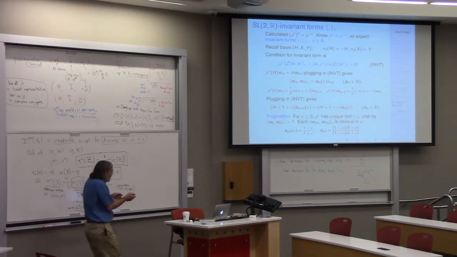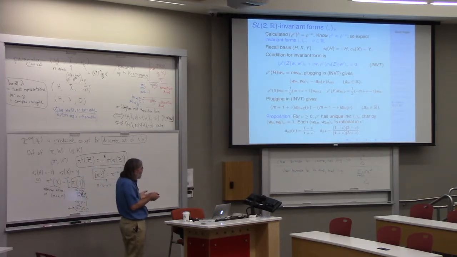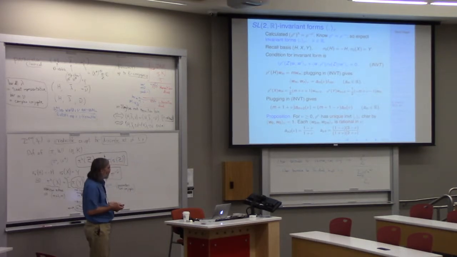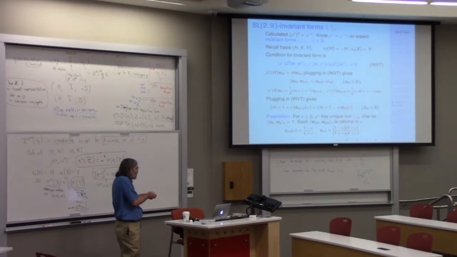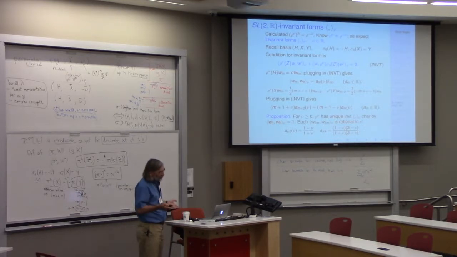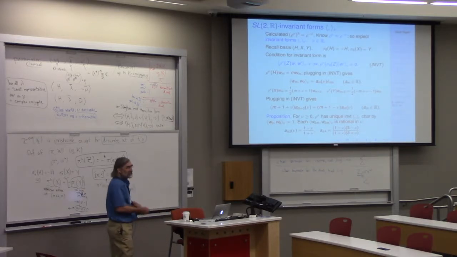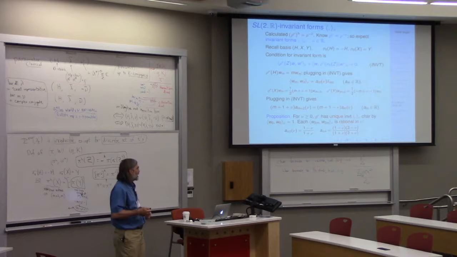So I just want you to know that there is this rational family of forms, and I wrote down exactly what it looks like to be concrete, but it's not these exact formulas that we're going to use.